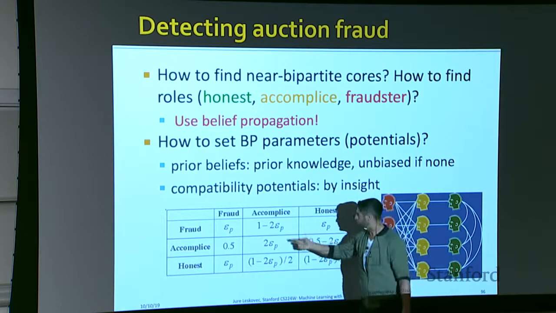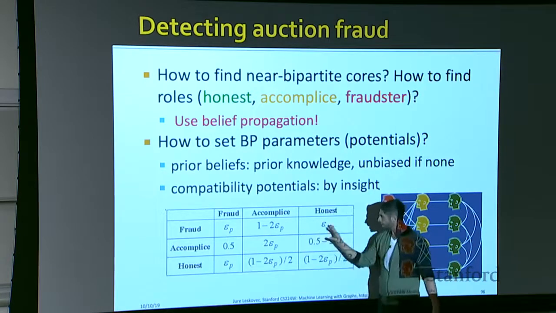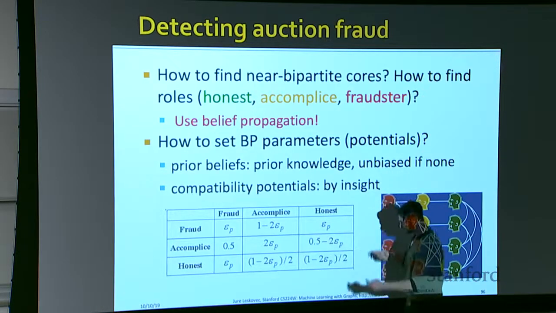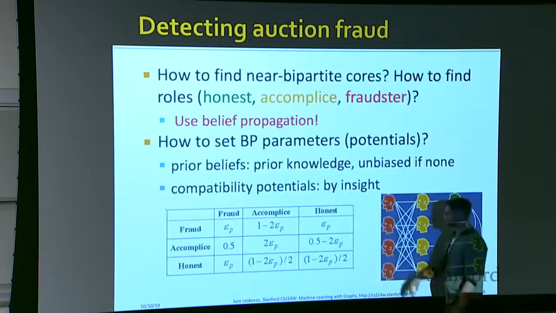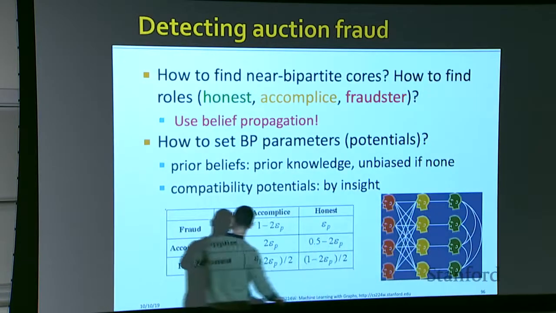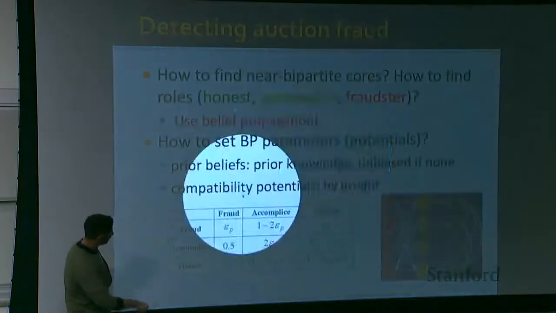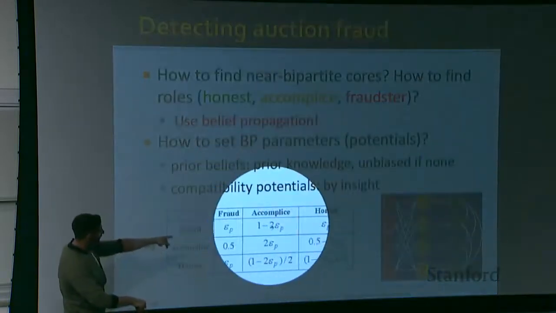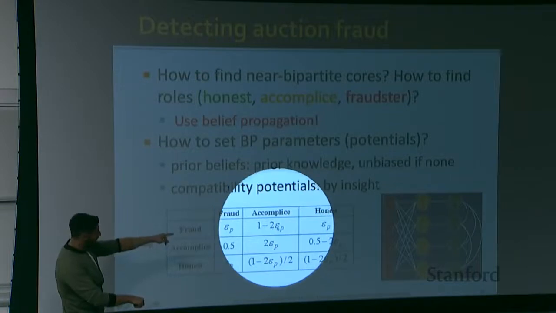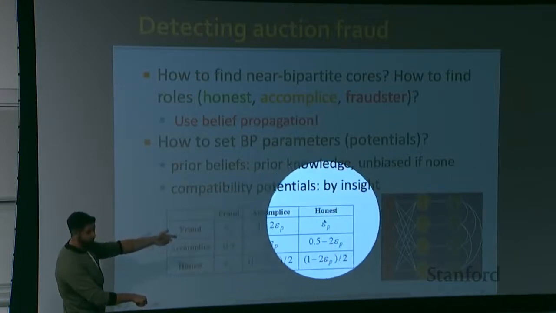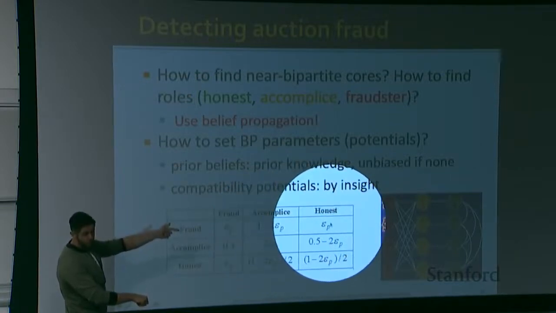If you read in detail, this matrix is capturing exactly the kind of interaction I was explaining before. So for example, fraudsters interact with each other with very little probability, an epsilon, but they have high probability of interacting with accomplices, and then every now and then they interact with an honest user, and that's when they commit the fraud, okay?